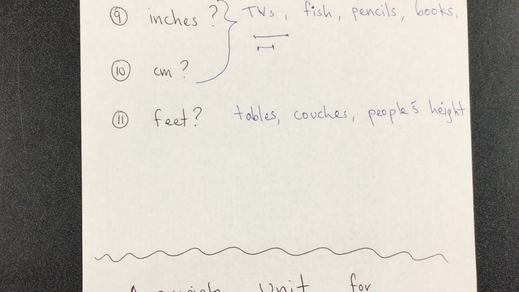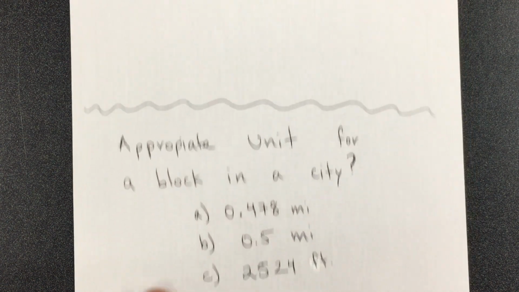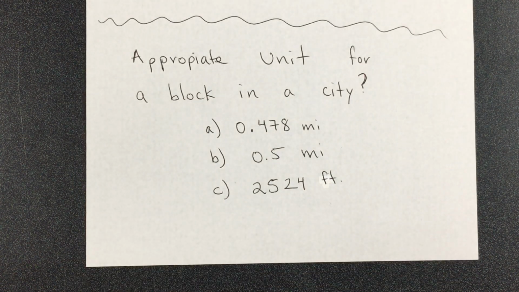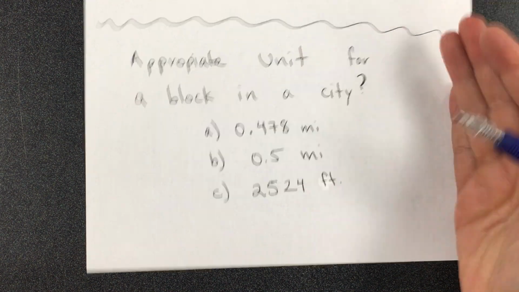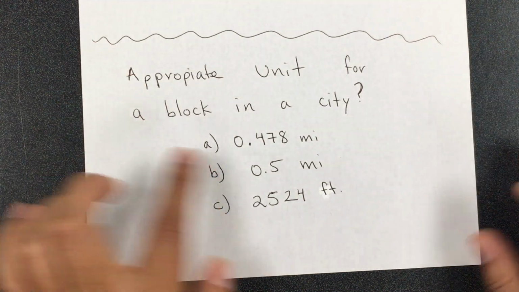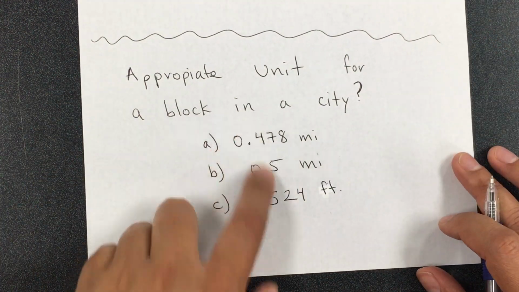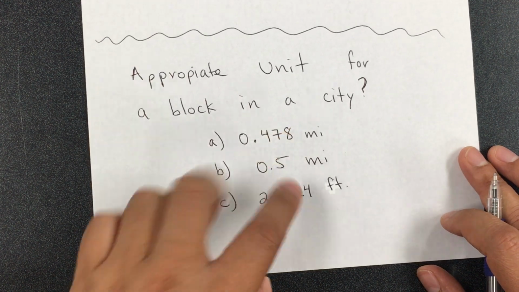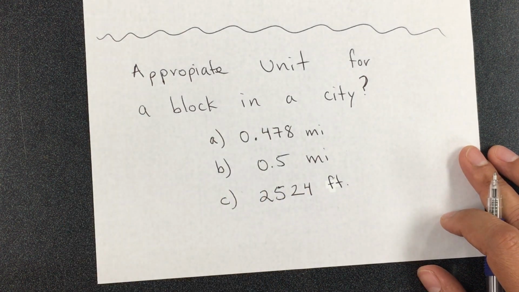Now let me go to a situation where you're being asked, what would be the appropriate unit for a block in a city? A block meaning from one light to another. These are the same measurement actually for a block right across from our school.